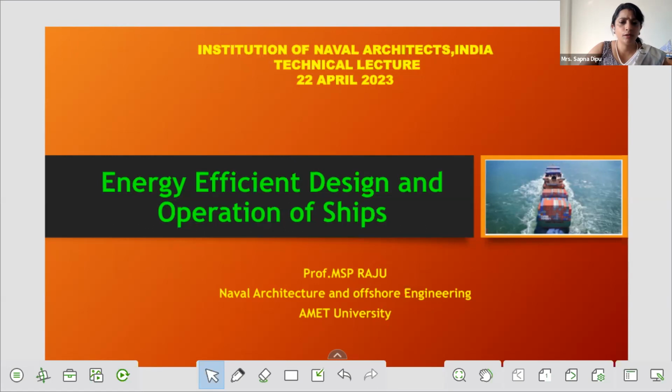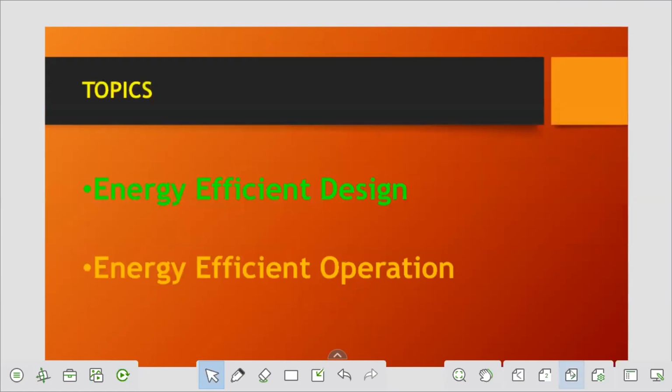In today's lecture, I will cover what we can do in the design aspect so that energy efficiency is achieved, and what we can do in operations so that energy efficient operation is achieved. So these are the two topics: energy efficient design and energy efficient operation.